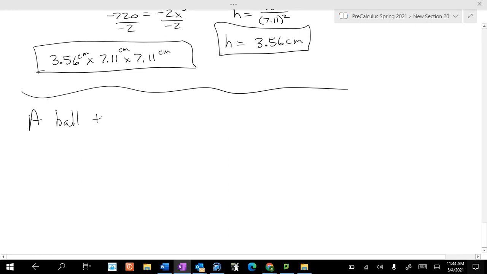A ball is thrown upward from a point. What? How many questions are there? This is the last one.